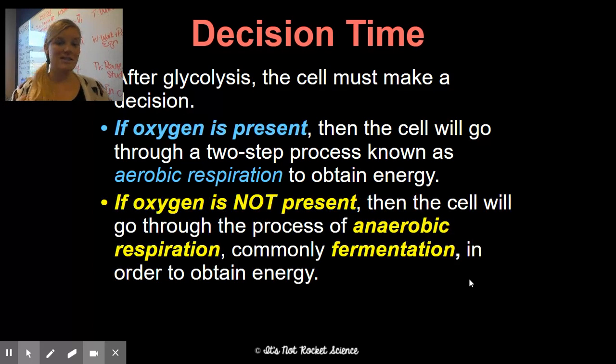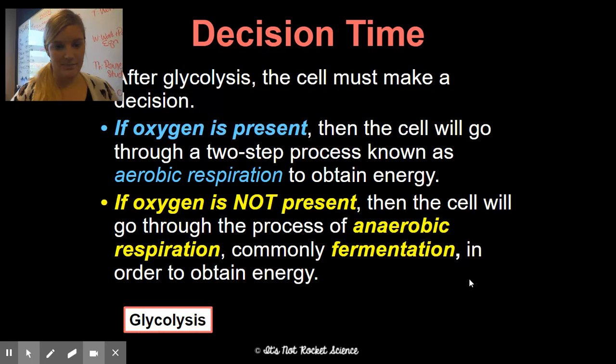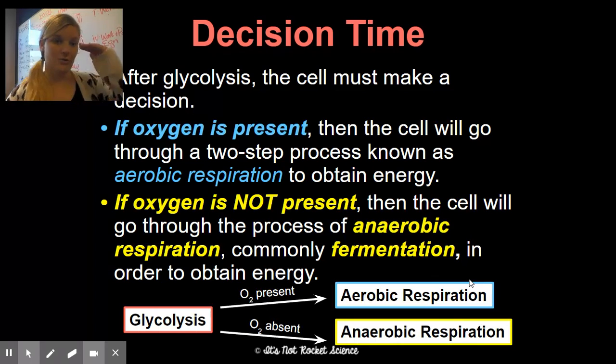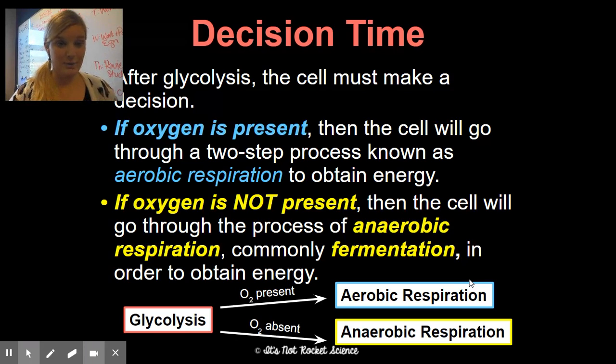If oxygen isn't present, then the cell's going to go through anaerobic respiration, which, remember, anaerobic means without oxygen, and we call it fermentation, and that's how those cells get their energy. So from glycolysis, if O2 or oxygen is there, we go aerobic. If it doesn't exist, then we're going anaerobic.